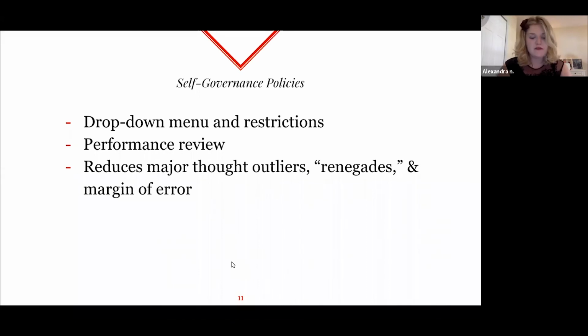Also, as part of people's performance review now, they were judged on how well they use the DAM, whether they use the DAM, etc. These are really important in promoting consistency because they reduce what I call major thought outliers and really narrow that margin of error. They also get rid of what I call renegades, and these are people who weren't going to buy into the system for their own reason or whatever. So we're not forcing them, but we're just giving them the gentle nudge in the right direction.